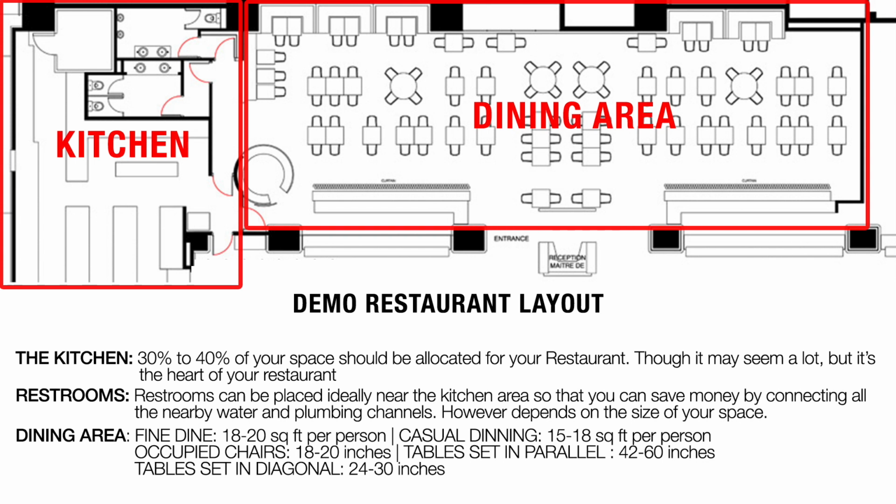Now, for the occupied chairs that you see here, the golden rule is you allot 18 to 20 inches. If you're setting a table in a parallel manner, then it has to be 42 to 60 inches between the sides. And if it's diagonal, then 24 to 30 inches between the corners.